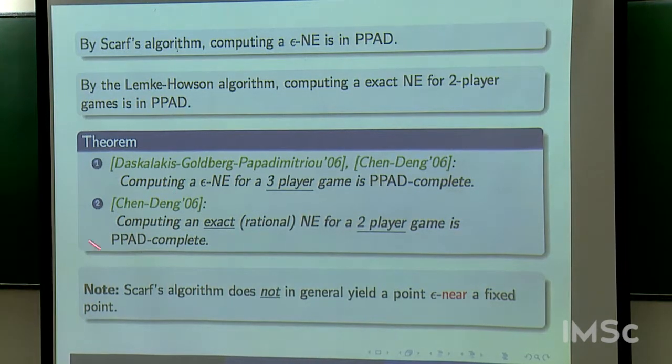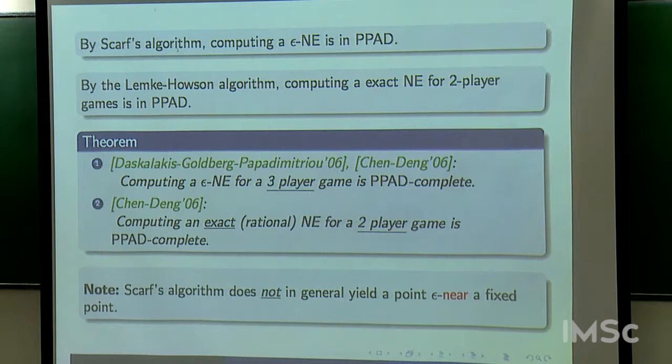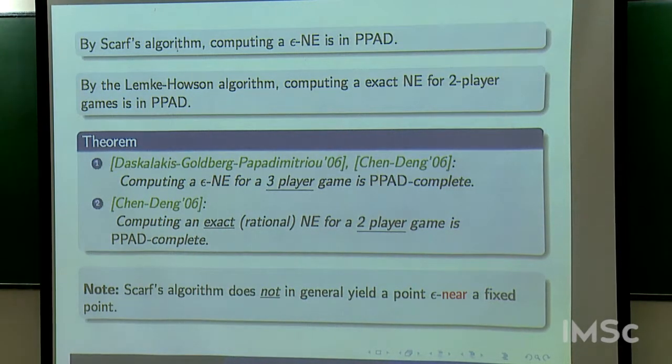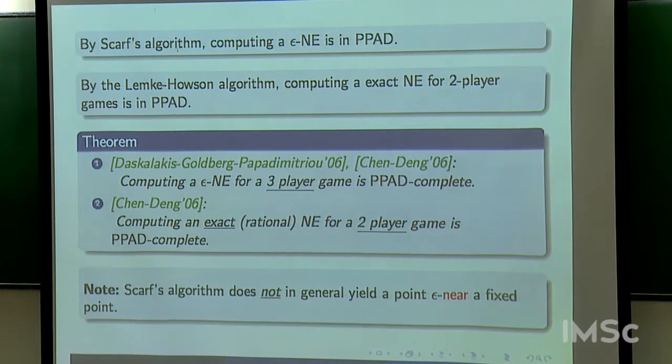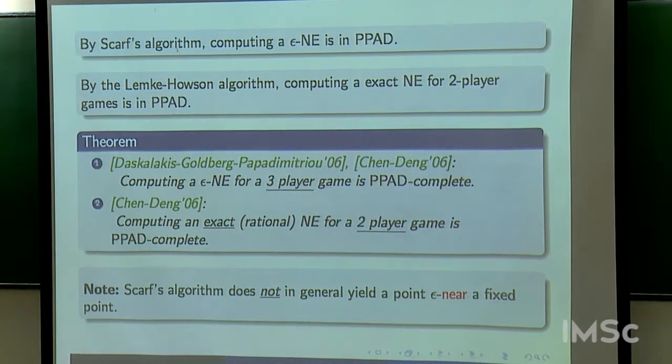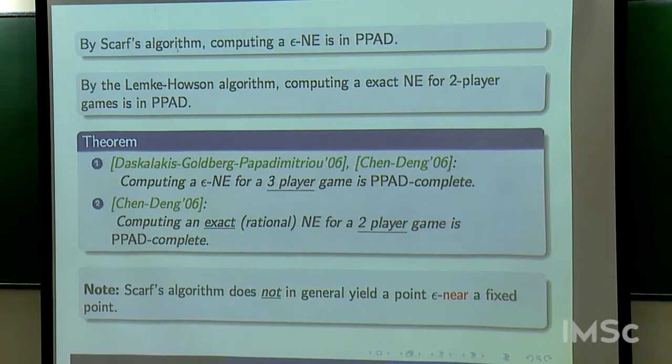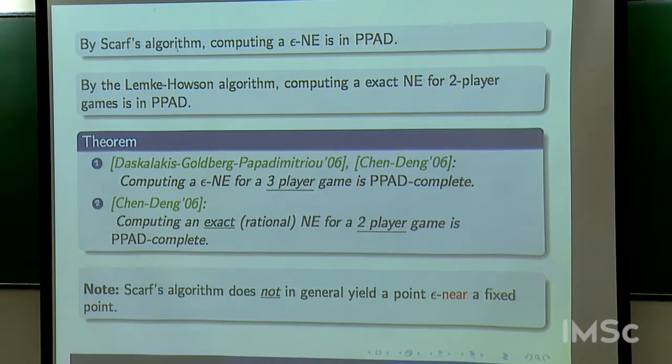So these results don't tell us anything if we wanted to approximate an actual fixed point of a Brouwer function described by polynomial functions or more general algebraic functions. We have PPAD hardness from this, absolutely, but we don't have an upper bound as such.